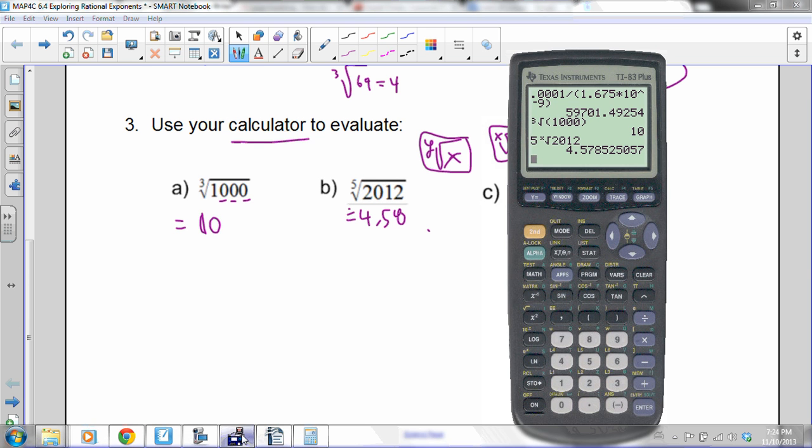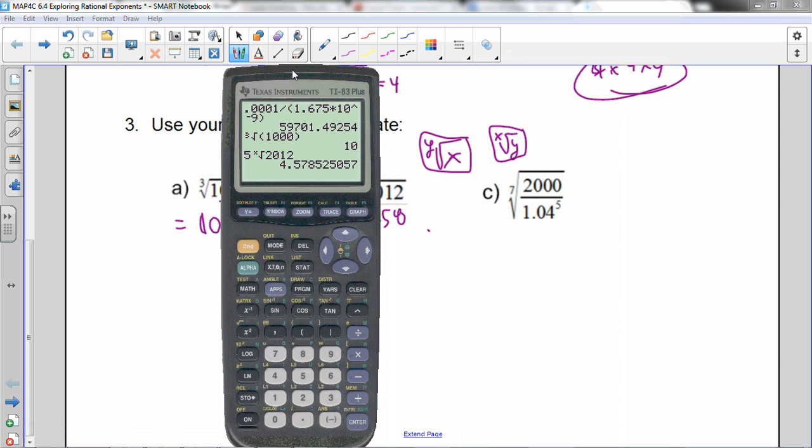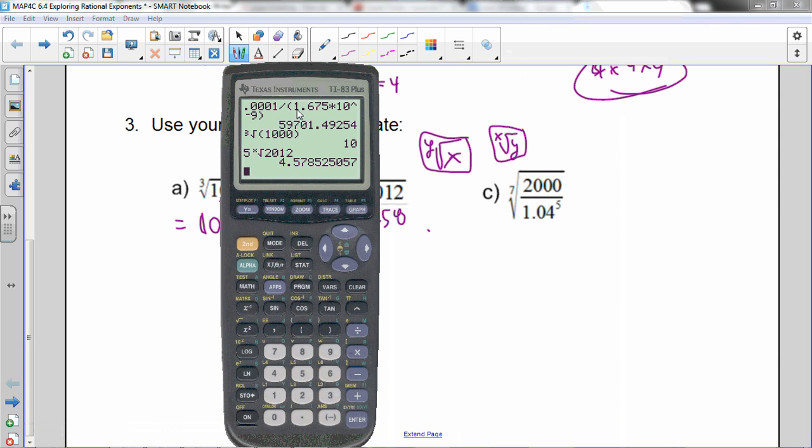I'm going to use the graphing calculator first. Most people will have a calculator that looks like this, and we generally type it in exactly as it appears. So I want to put 7 and then hit my anything root button, which was right here.